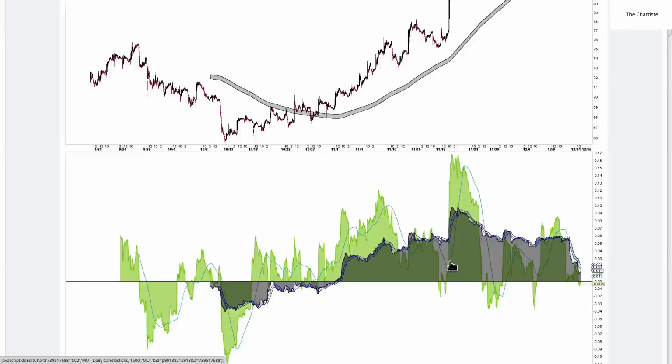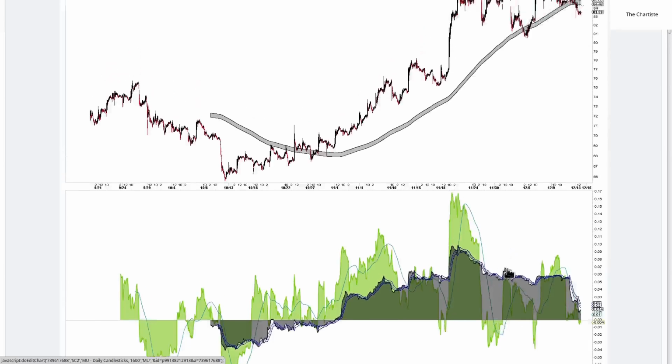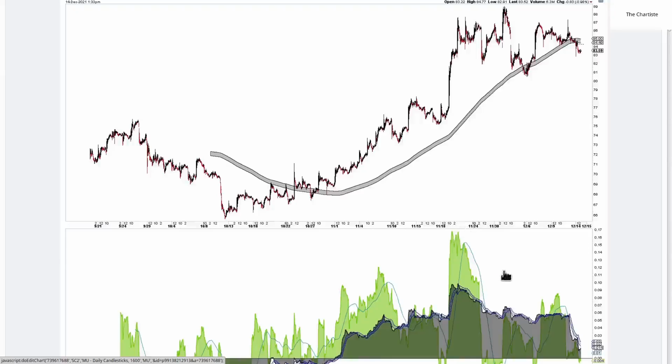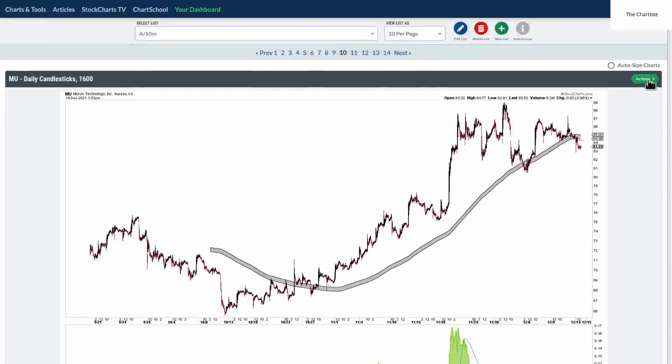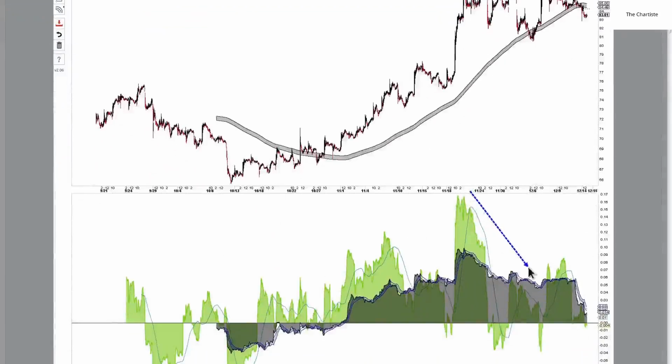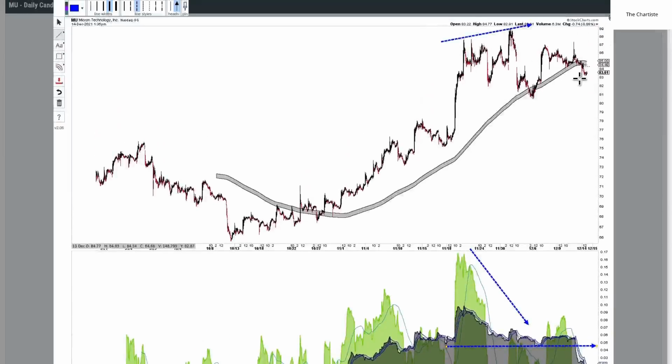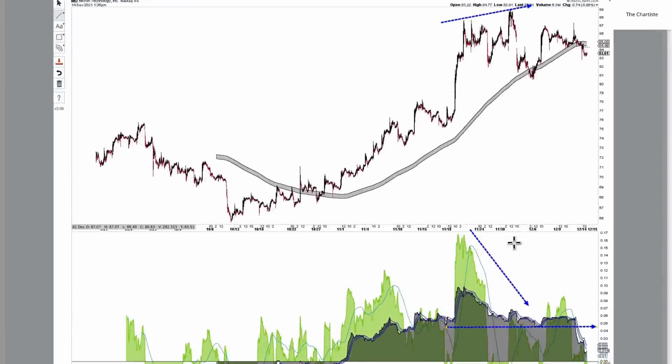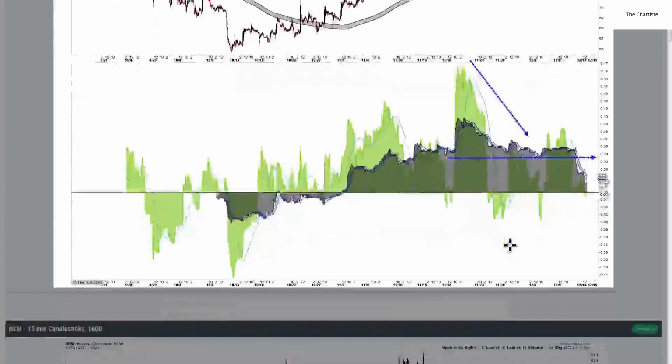Then you have one opportunity here, another opportunity here, and maybe here, but you see it's already declining. There is already divergence going on in Micron. So in that position you have to be careful. Slow money is moving below support and the price is moving below a moving average. So basically that would be an entry short.